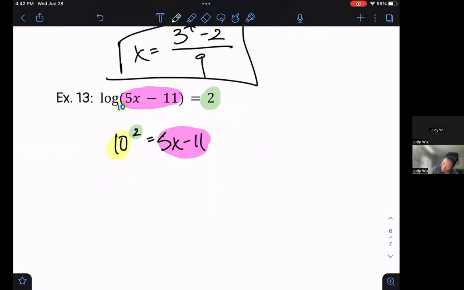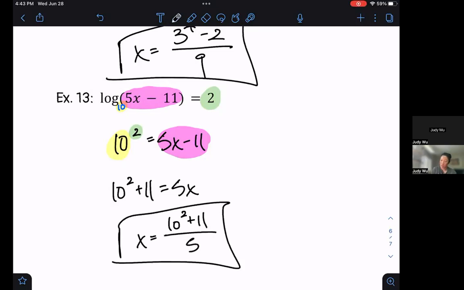So I'm going to add 11. I'm going to divide by 5. So 10 squared plus 11 is 5x, and then x equals 10 squared plus 11 over 5. Perfectly fine answer. Again, I'll leave that to you to plug it back in and see if it works.